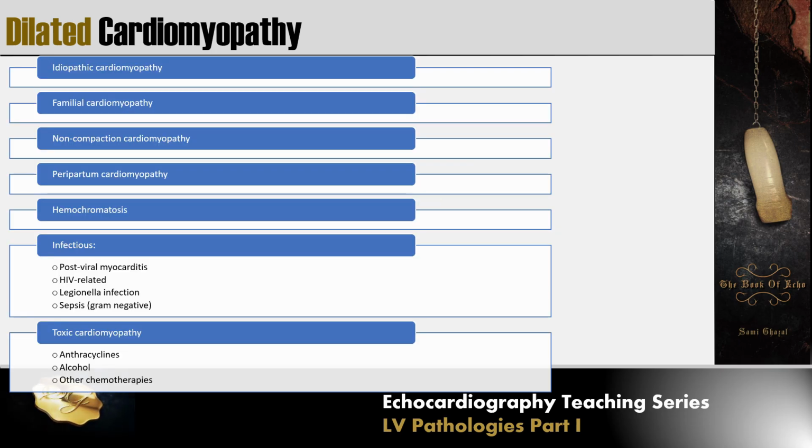Etiologies can be idiopathic, familial cardiomyopathy. Sometimes non-compaction can cause dilated cardiomyopathy, maybe peripartum, hemochromatosis, infectious disease, post-viral myocarditis, maybe HIV related, and some toxins including chemotherapeutic medication like the anthracyclines. However, if there is ischemic etiology, then it will be ischemic cardiomyopathy.